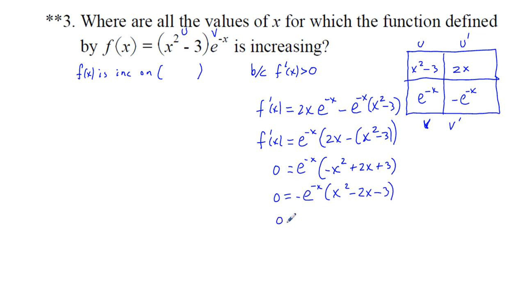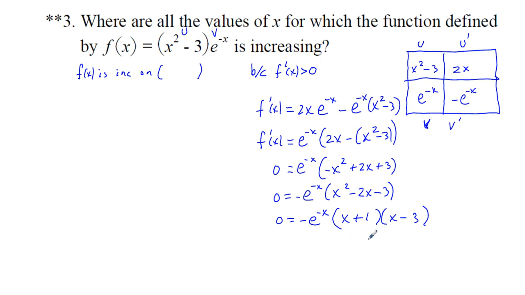And that's going to be 0 is equal to negative e to the negative x, and we're going to have, let's see, plus minus, and we have negative 3, and negative 2x, that's bigger, so that's going to be 3, and that's going to be 1.